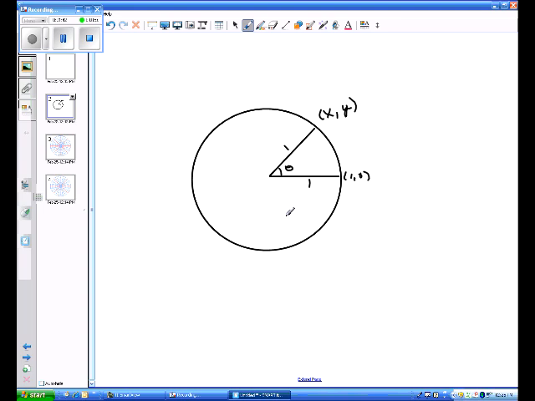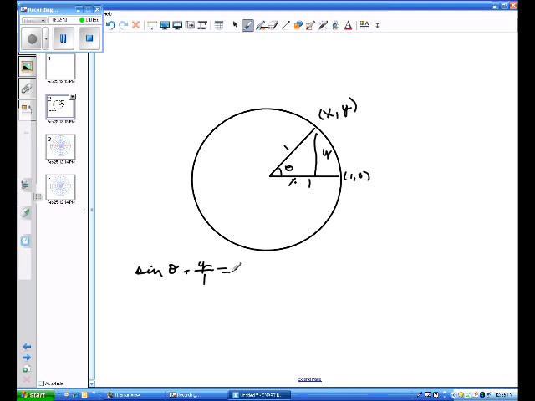Now we have defined then, if we drop our perpendicular down so that this is y and this is x, then we've defined the sine of theta to be y over r, which is 1, or if we're looking at it as a right triangle, it's the opposite over the hypotenuse.